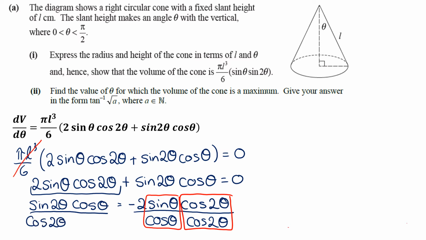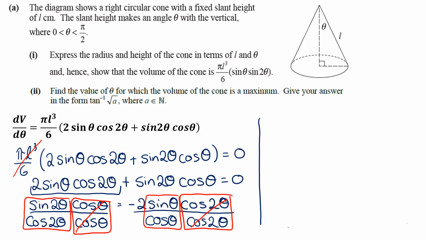Remember, multiplication order doesn't matter. And what I end up with is here sine divided by cos, again a tan, and cos over cos, which is a 1.